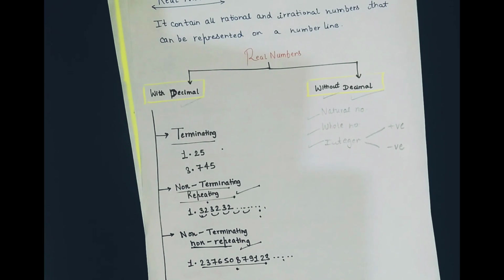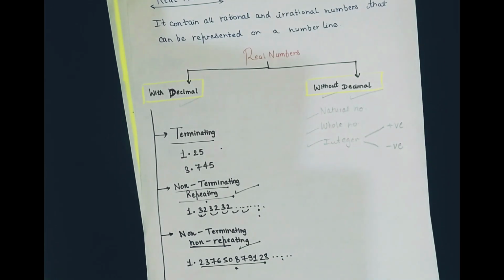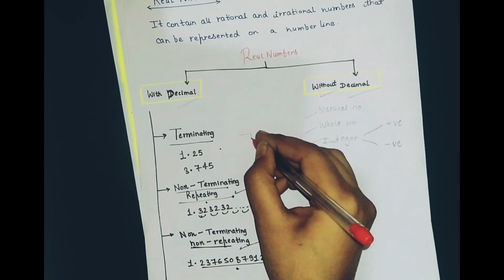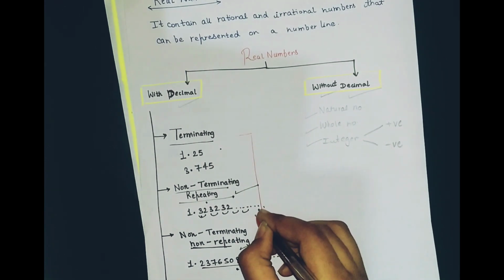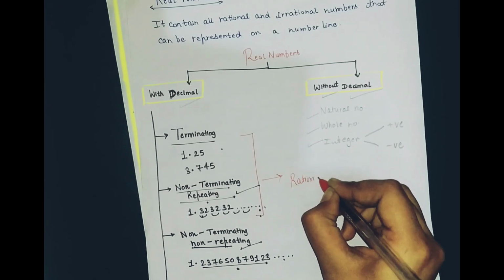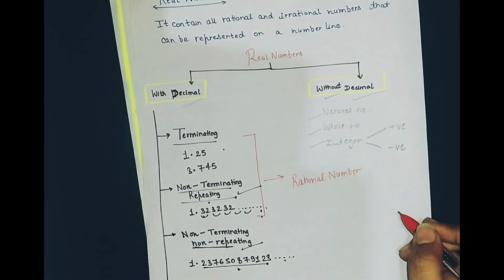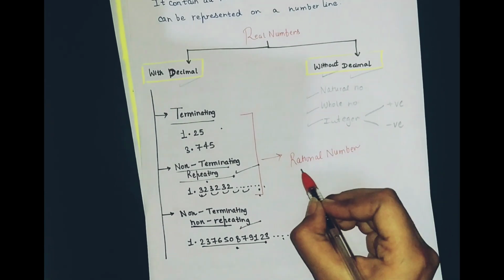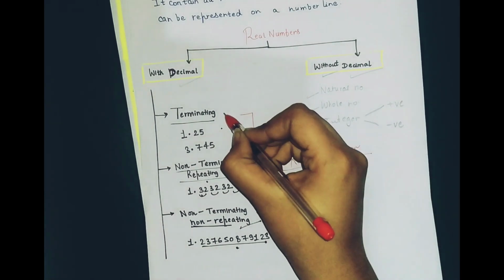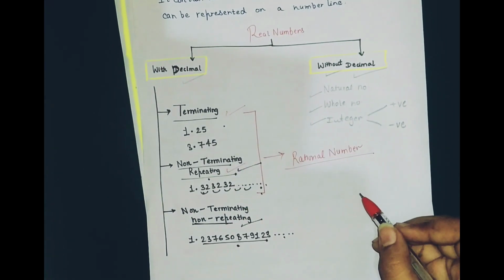We have another thing over here: terminating and non-terminating repeating numbers are a category of rational numbers.